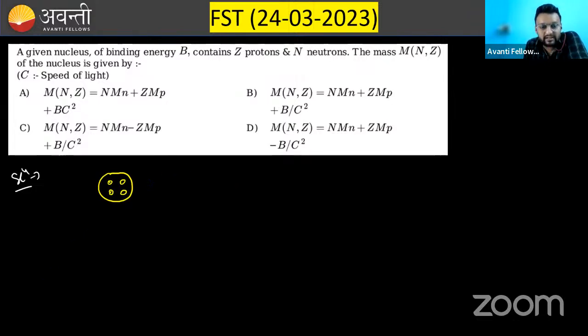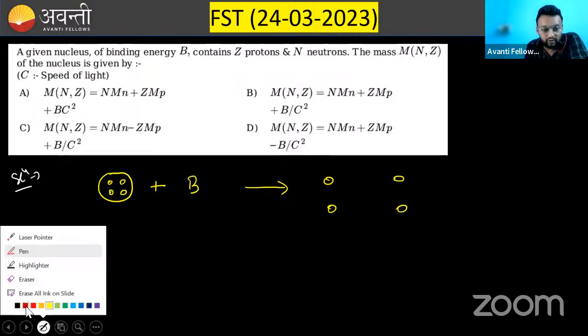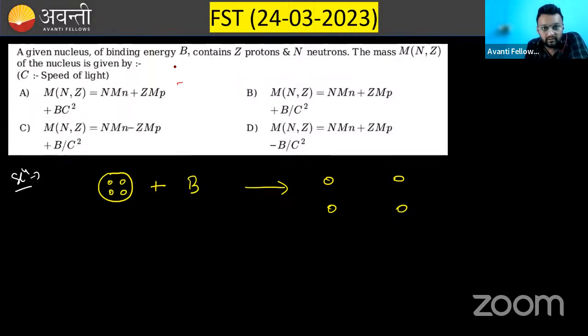And I have given it some energy, and these nucleons are separated. The energy that we give to separate the nucleons is called binding energy. And the binding energy is given as B in the question.